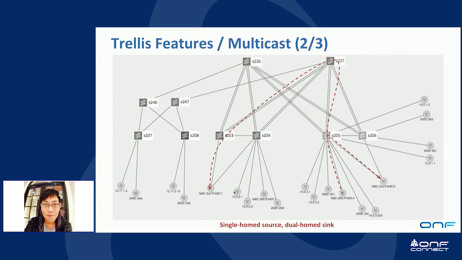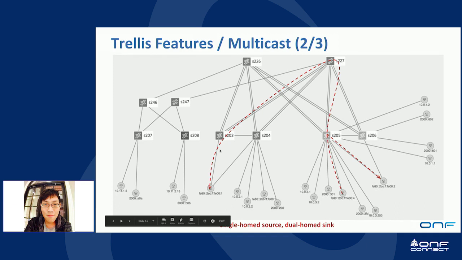We also support single home source, dual home sink, which means that I have a single home source over here, same, but my sink device is dual home. So as you can see, Trellis also does the replication when it's necessary, but sends the traffic to a dual home sink.